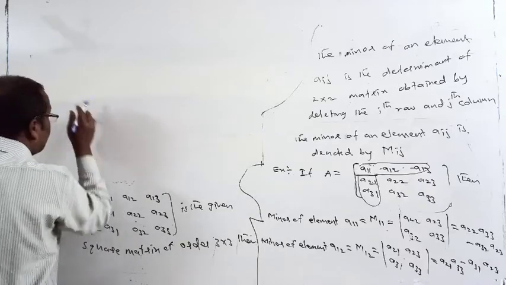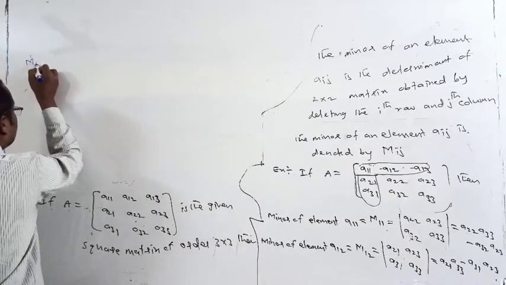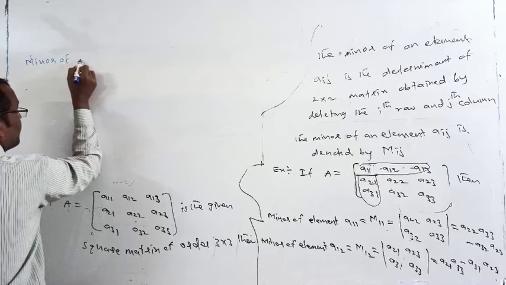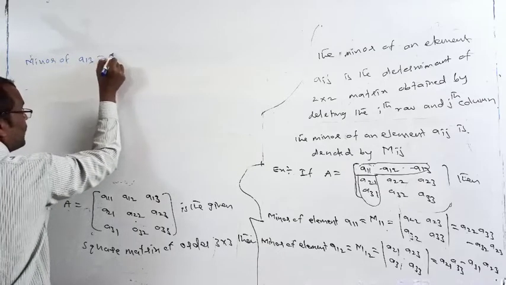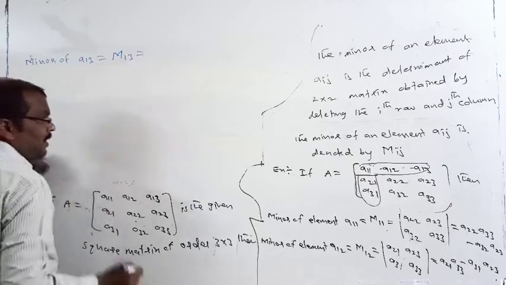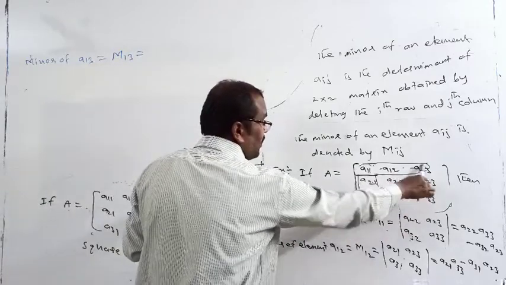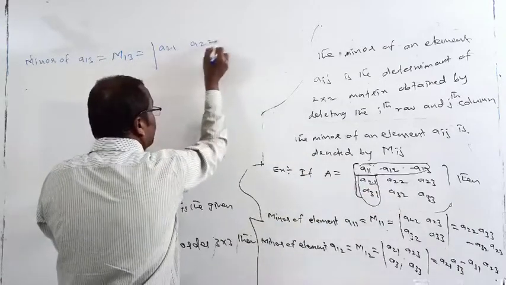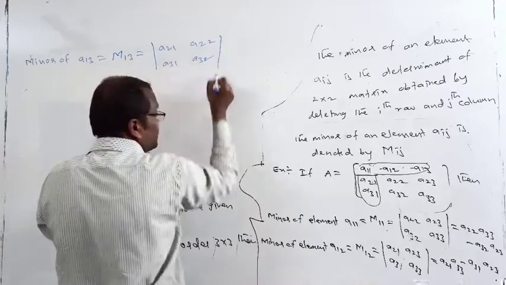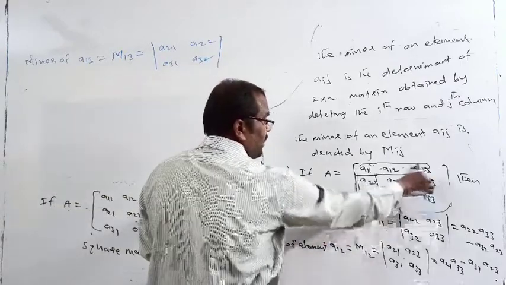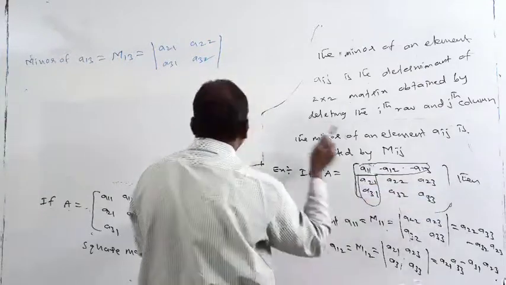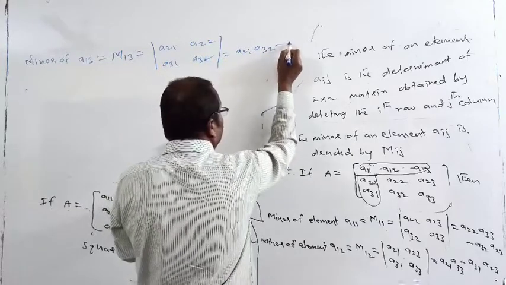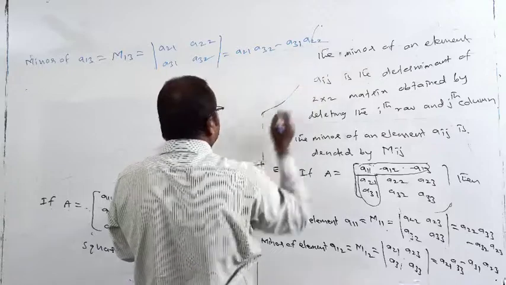Next one is the third element, A13. The minor of A13 is M13. Here we have an element, so delete this row and column. The remaining is A21, A22; A31, A32. So the determinant is A21 A32 minus A31 A22.